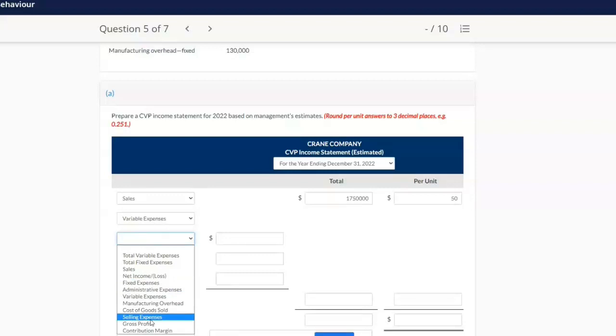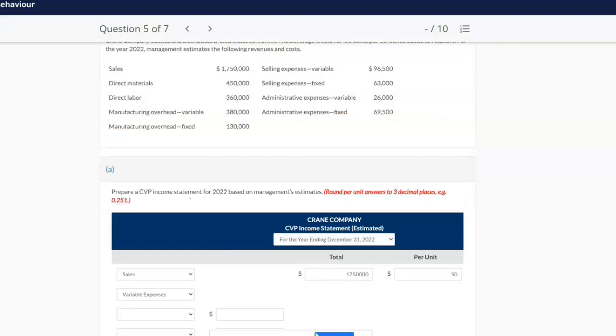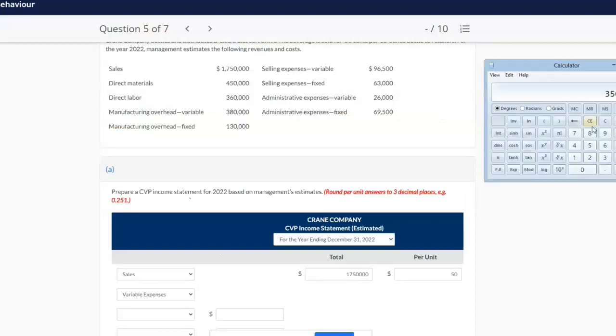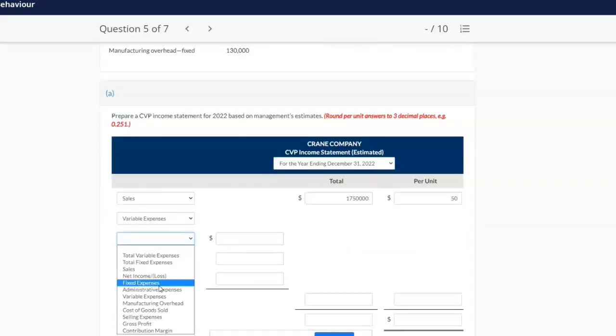Just add them up later. They are not in the drill down. Do you see direct material? Maybe you have to go down a bit.